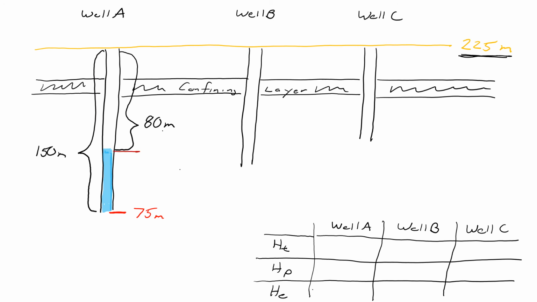So what's the elevation of the water level? So you have 225 at the top, right? And it's 80 meters down. So you're subtracting 80. So you should get 145.